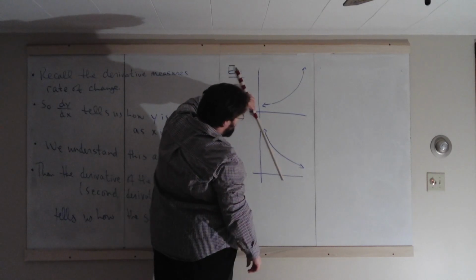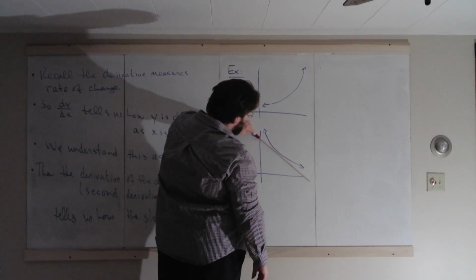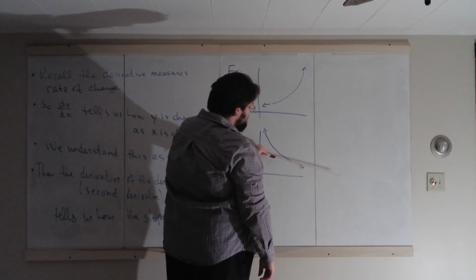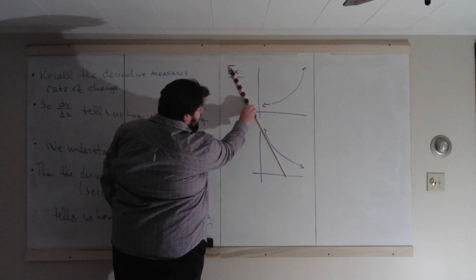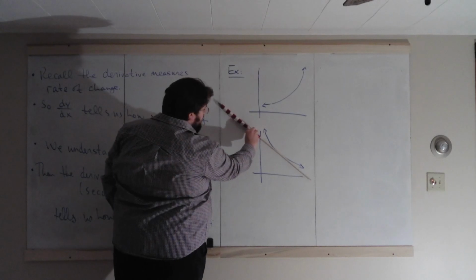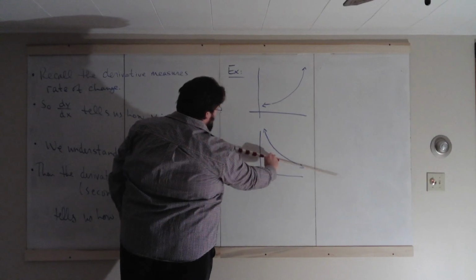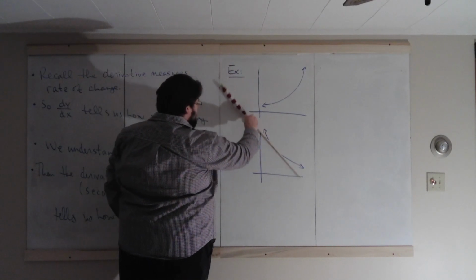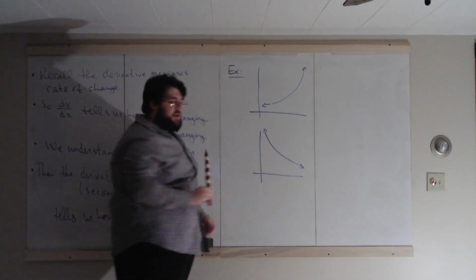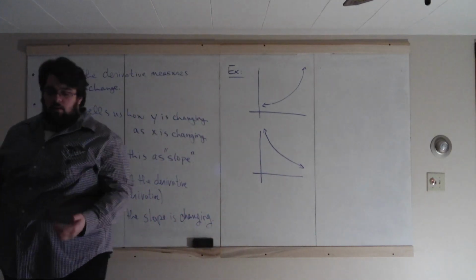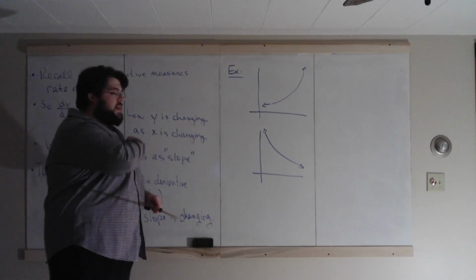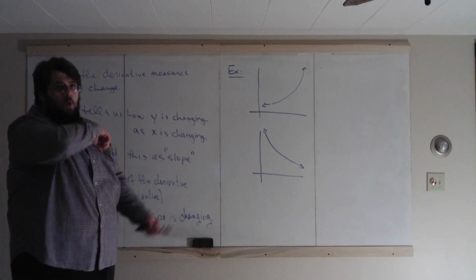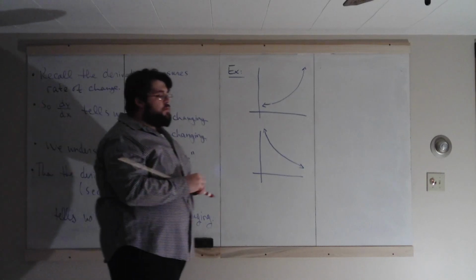So it starts very negative, and as it goes on the curve, it becomes less negative. I hope I wasn't in the way for that. So if it becomes less negative, it could be going from something like -10 to, say, -5, then to -1 maybe.